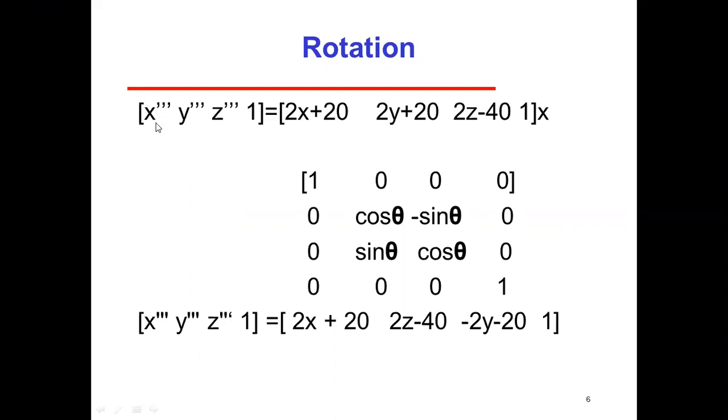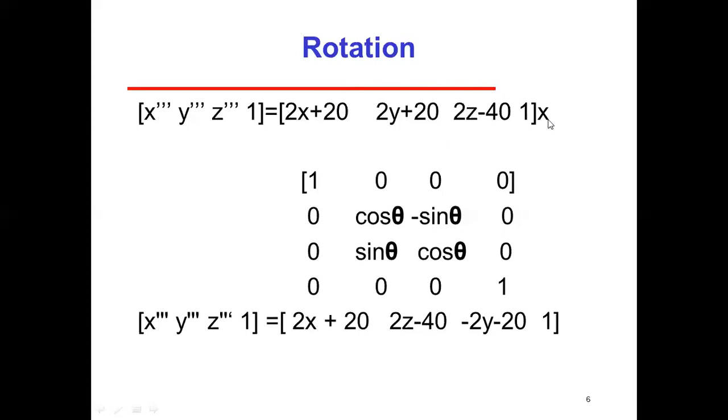Again we will write x triple dash, y triple dash, z triple dash, 1, and we will write here the preceding calculation obtained after scaling. This was the matrix multiplication which we achieved after the scaling transformation.